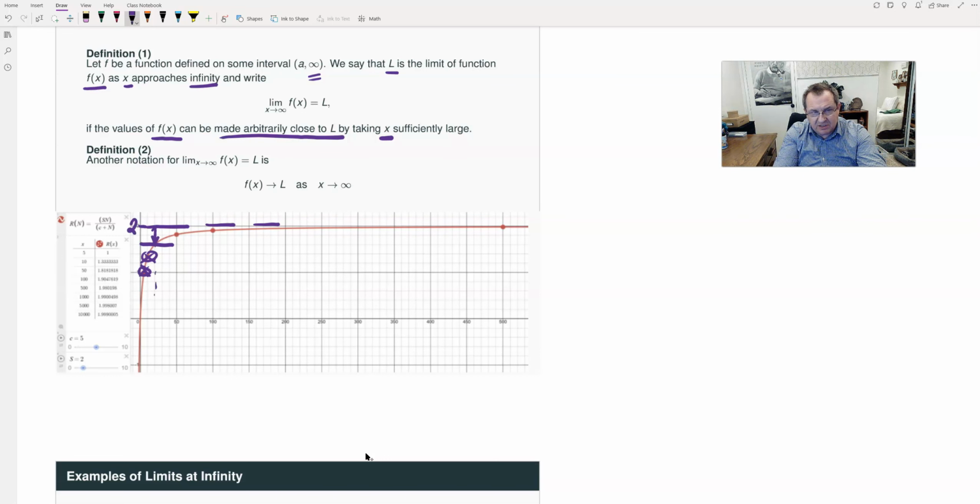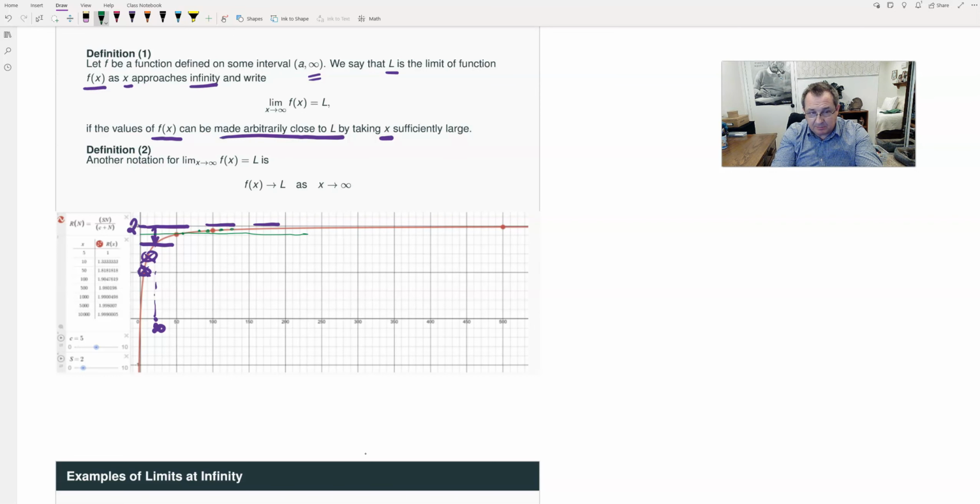But starting from some value of n, in this case it looks like 20, the values of the function will be contained within that bound. Now we can think of a smaller bound, and we notice that now we have to wait a little bit longer before values of the function will be inside the bound.